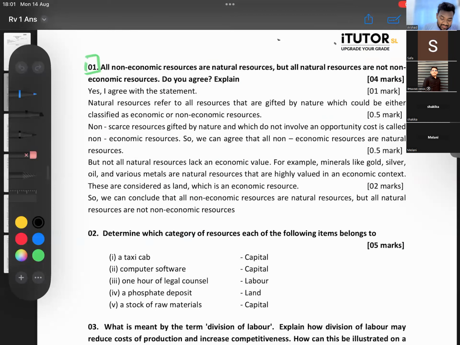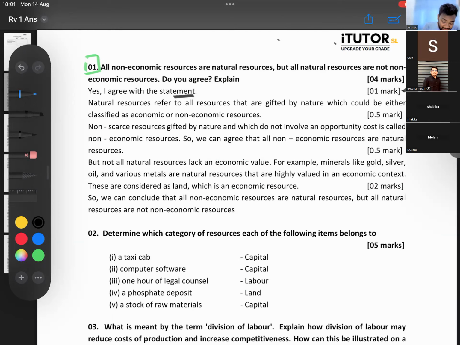Look at the answer here. I say yes, I agree with the statement. You get 1 mark for saying whether you agree or not. Now look at this. Natural resources refer to all resources that are gifted by nature, which could be classified as either economic or non-economic.